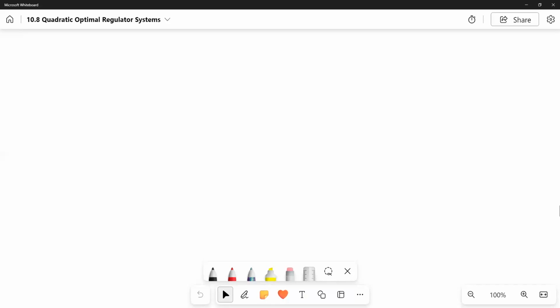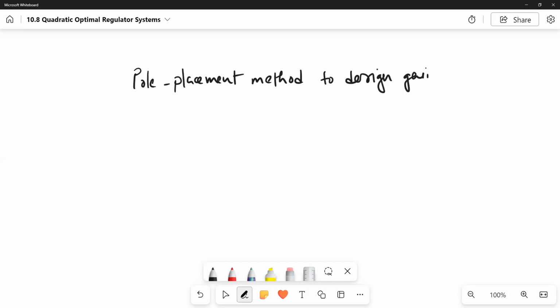So basically, so far whatever we have seen used the pole placement method to design the gain K. Now today we'll introduce another method that is called the quadratic optimum control method.